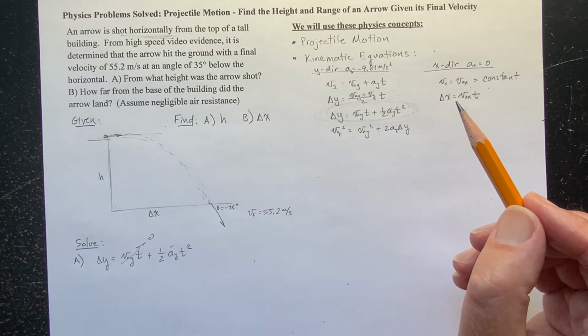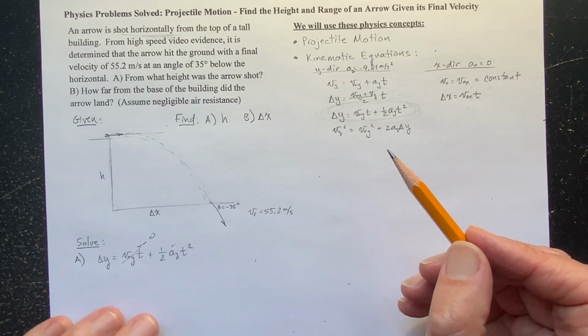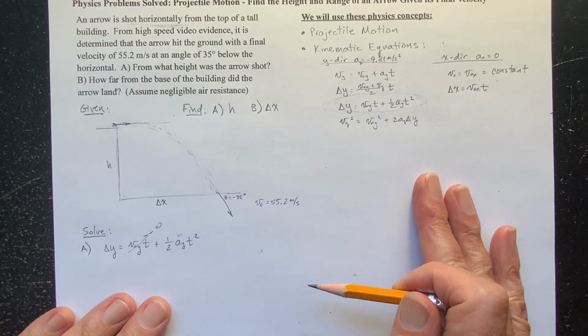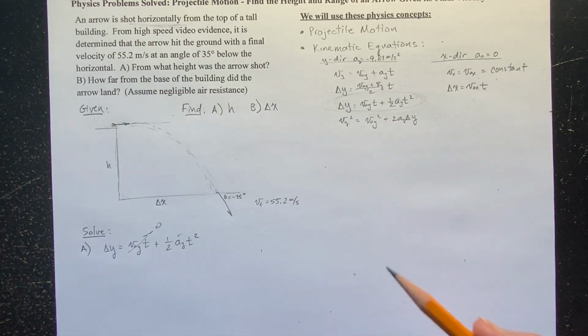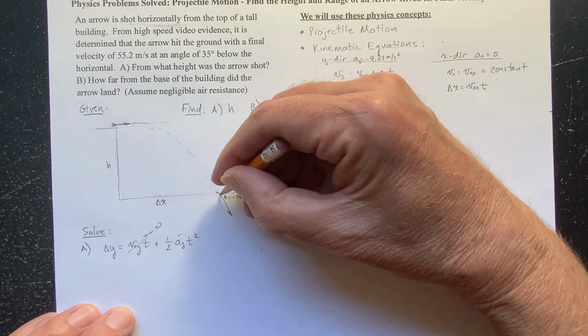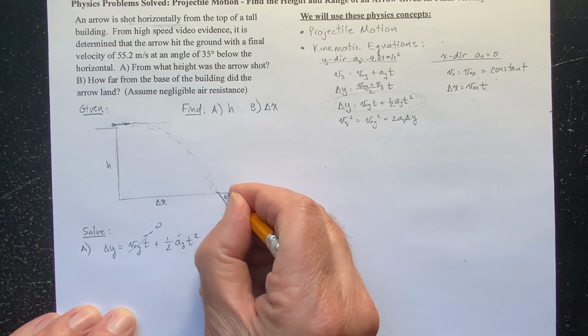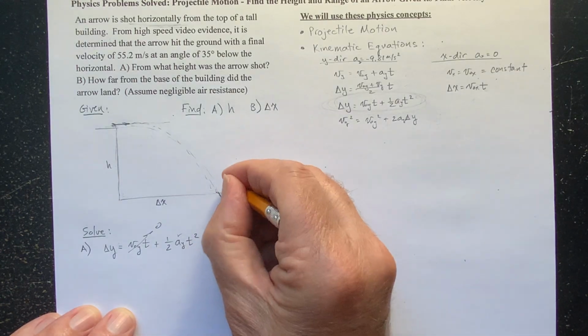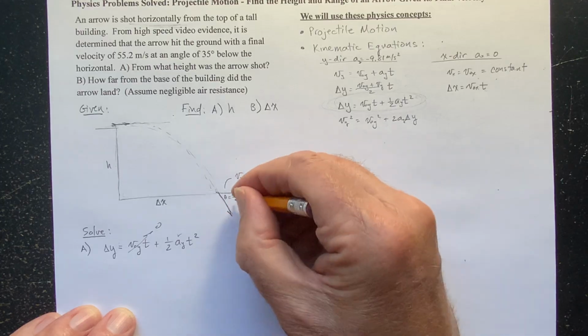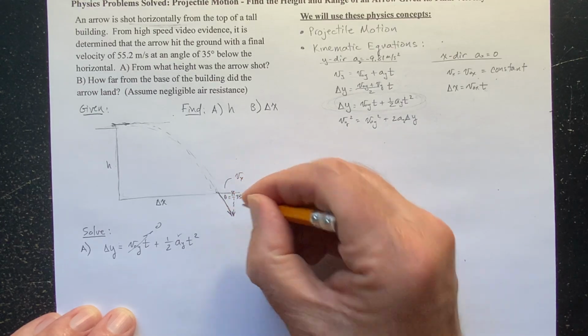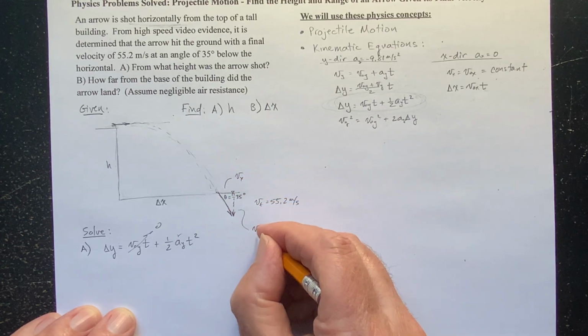Well, so think about it. What do I know? Well, I know this final velocity, and I know what this angle is. So this final velocity has an x component and a y component. So this is Vy.